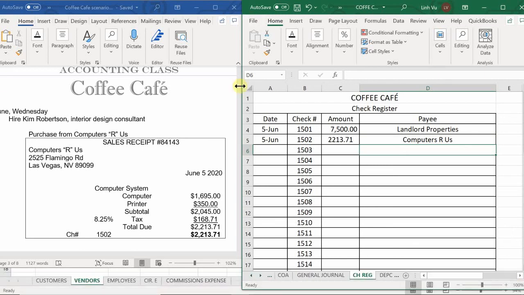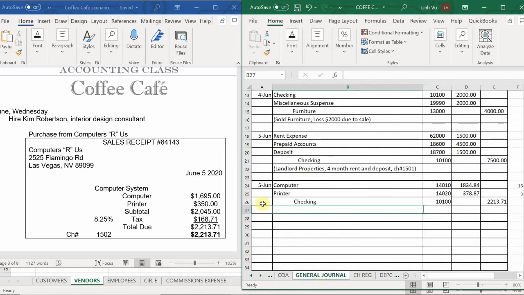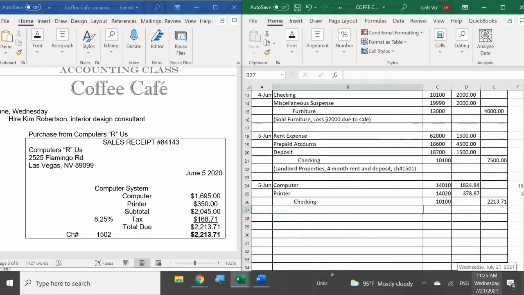Okay? So in this case, check number 1502. So go back to my general journal, and now I'm going to fill in the information that I need. First things first is the vendor that you were in contact with. In this case, I bought this from Computers R Us.